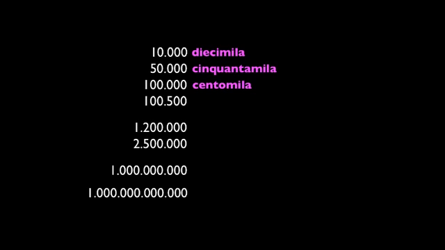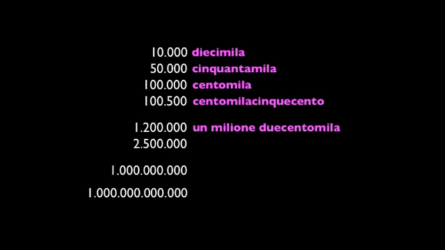So I'm not explaining all of them. You can kind of figure them out as you go if you want to express any numbers in between these. Next is 100,500, centomilacinquecento, and then we get up into the millions, and you notice that the numbers start to split.